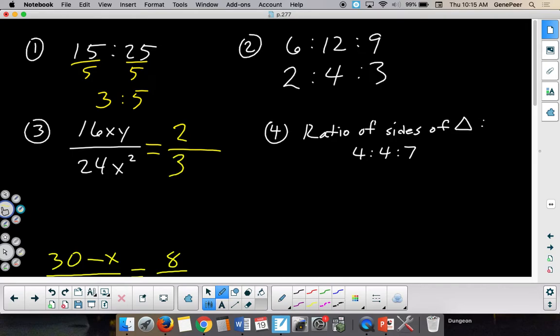Then what happens with the x's? Well, we've got x and we've got x squared. You may hopefully remember from algebra that this x will cancel out one of those x's, which gives you the top x disappears and the bottom x squared turns into just plain x.